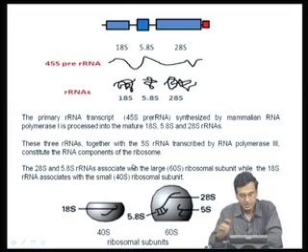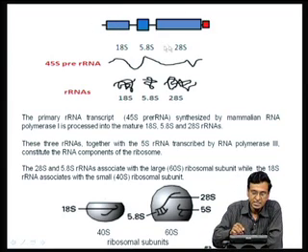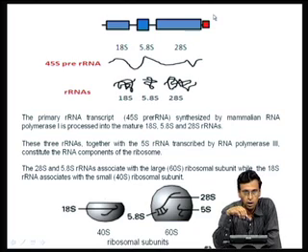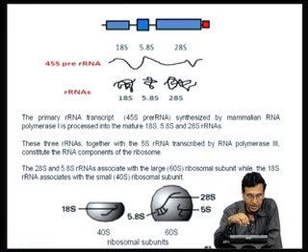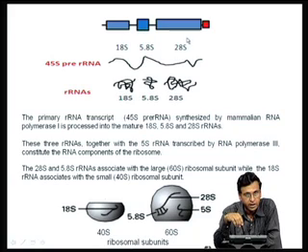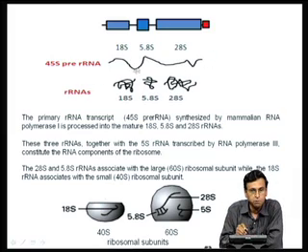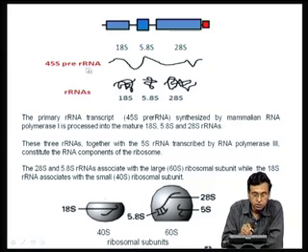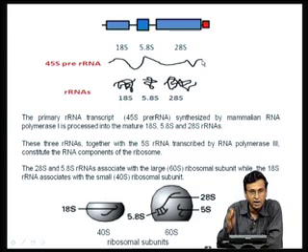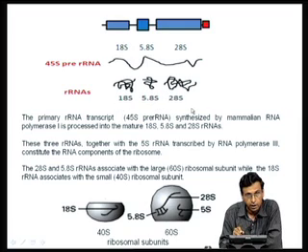Now, as I said, this is the coding region or the transcribed region of the RNA polymerase I rDNA unit, which contains genes that code for the 18S rRNA, 5.8S rRNA, and 28S rRNA. And all these three are transcribed as a precursor molecule, which is called the 45S pre-ribosomal RNA, and this 45S pre-ribosomal RNA is then cleaved to get the three individual rRNAs, namely the 18S rRNA, 5.8S rRNA, and the 28S rRNA.